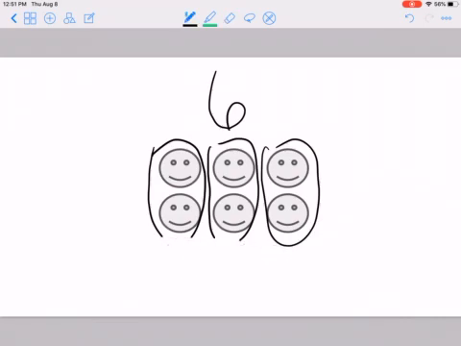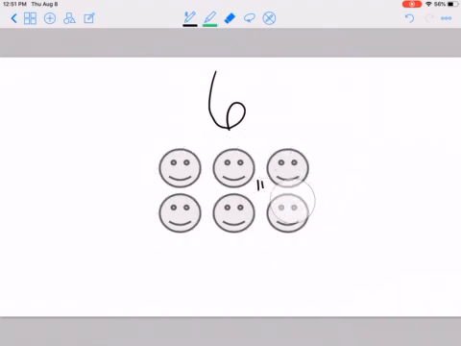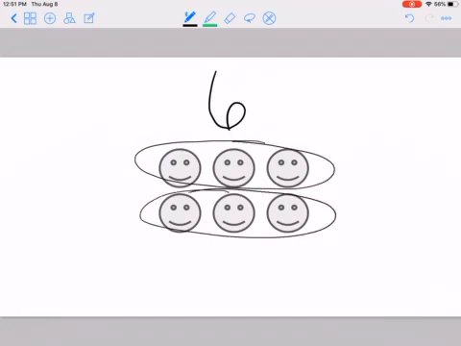Now let's find our equal add-ins. So I'm going to erase this. We know it's even. So we're going to find our equal groups to prove that an even number is the sum of equal add-ins. So let's find two equal groups. There's an equal group, and there's an equal group. So these are going to be our add-ins.